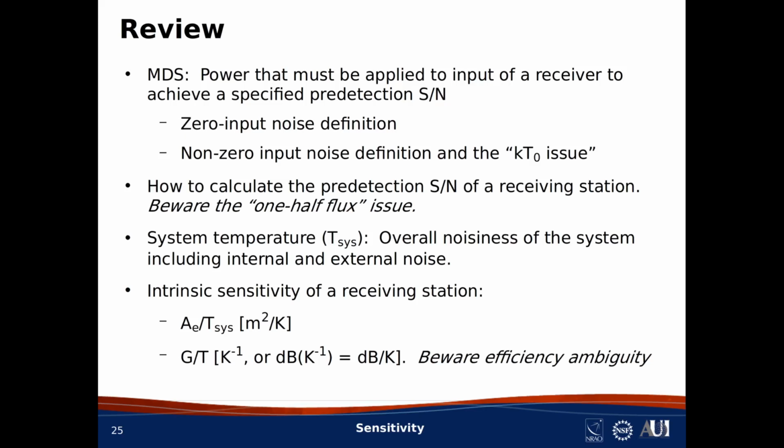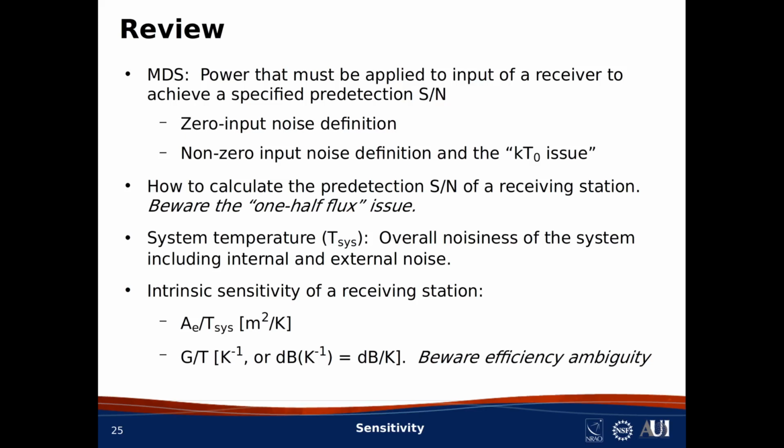The other accounts for the possibility of non-zero input noise, in which the input noise temperature is often, but not always, assumed to be equal to the IEEE reference temperature of 290 K. And I alerted you to the possible confusion about the associated factor kT0, which in this case would be equal to minus 174 dBm per hertz, which, once again, is merely an arbitrary reference value and not a physical constant of nature.